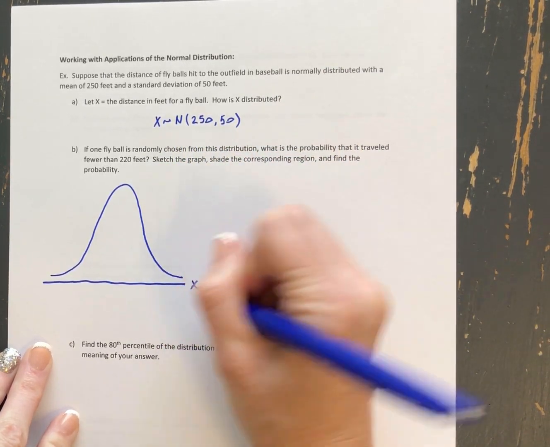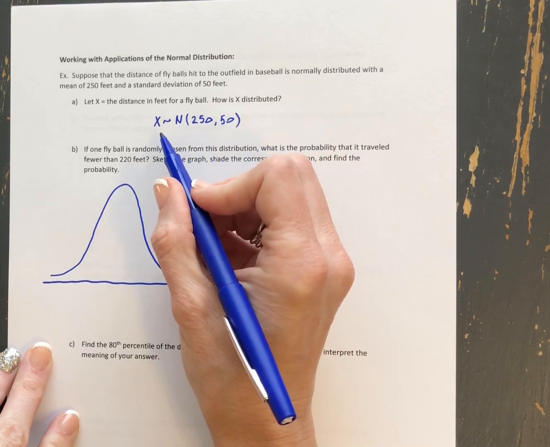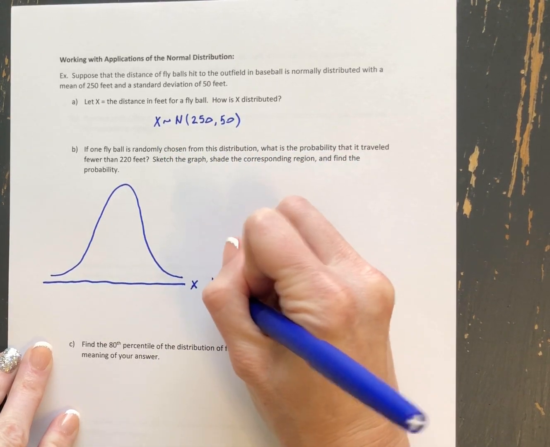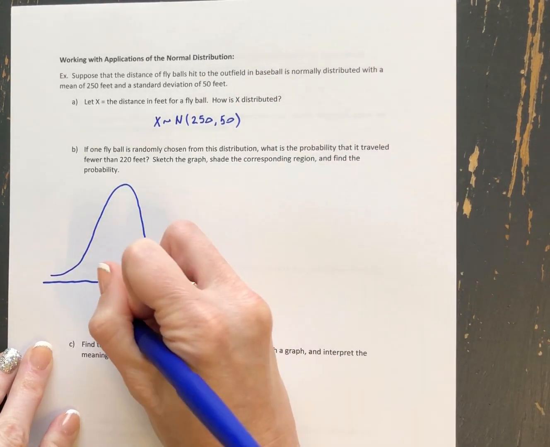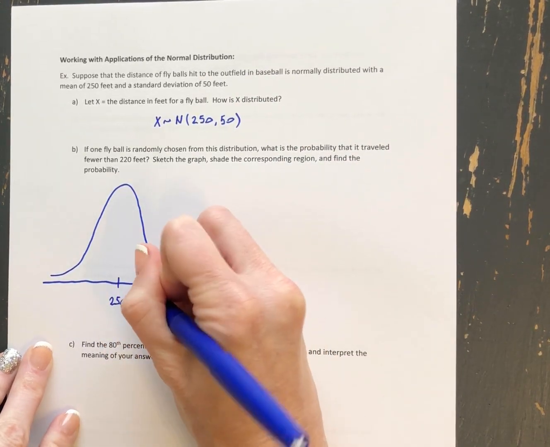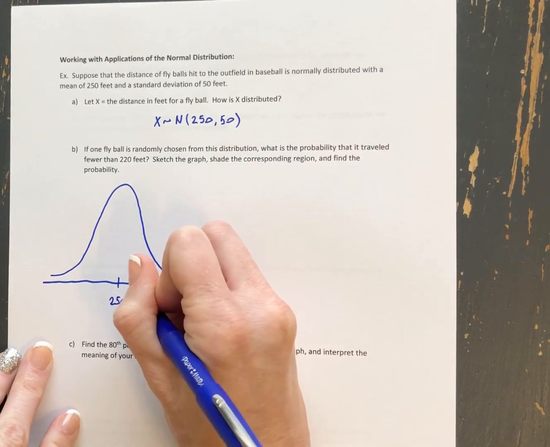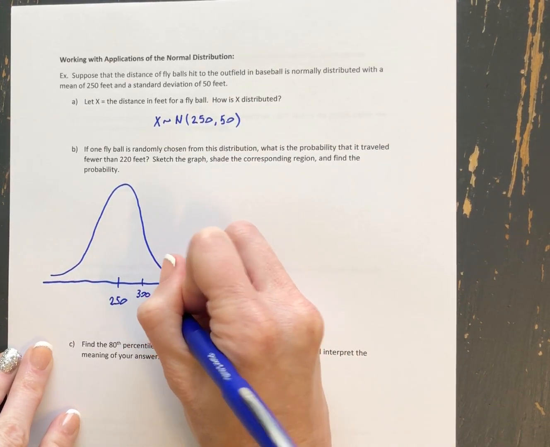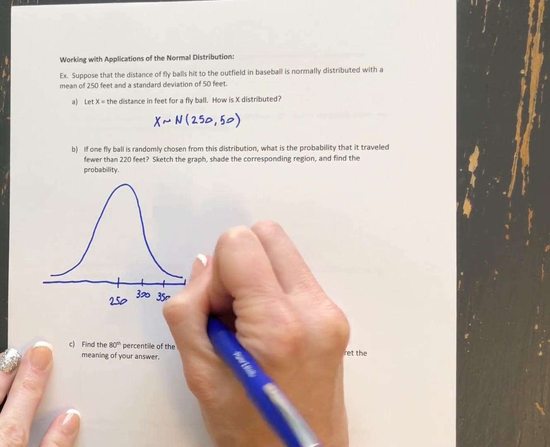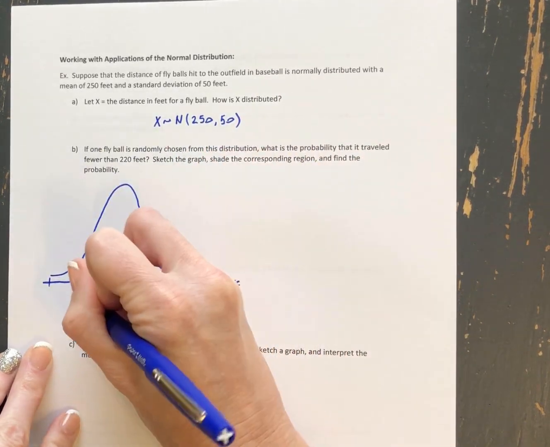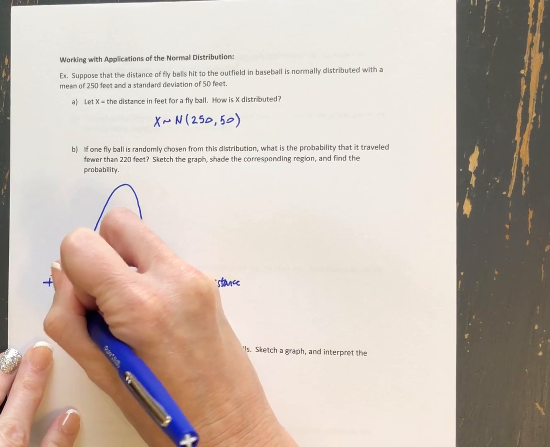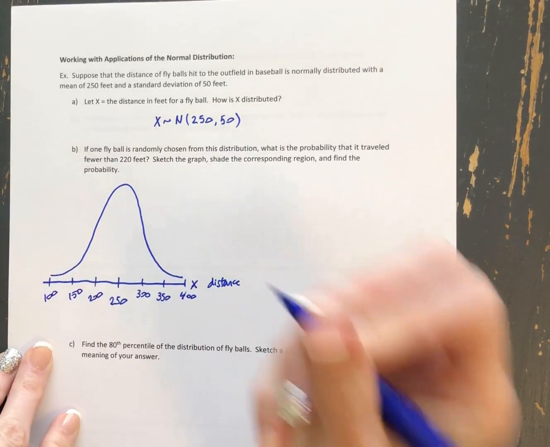We are sketching the graph of x, where x is our distance, the distance of the fly balls. Its mean was 250, and then we're adding increments of 50, since that's our standard deviation, and then we'll subtract increments of 50 as well.